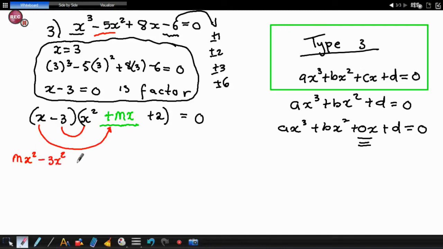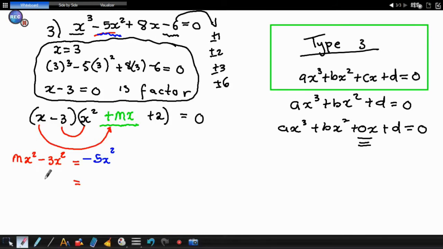And that, guys, is of course going to give us a negative 5x squared, which we got right at the top here. Now, all that we need to do is simplify this to see what the answer will be. We are trying to solve for m because we need to know what that is.